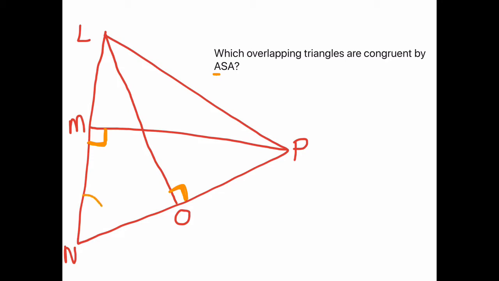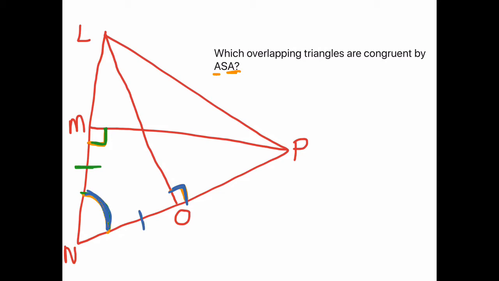However, we do have this angle right here that is in multiple triangles. So we might be able to use that as our second angle. So then we would need the side between them. So if we look here from this right angle to this angle, the side between those two is right here. And if we look at this right angle with this angle, the side between them is right there.